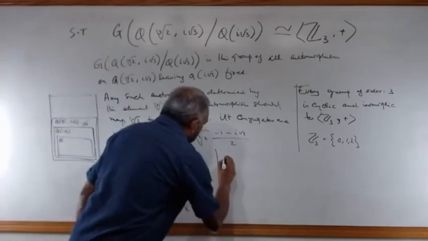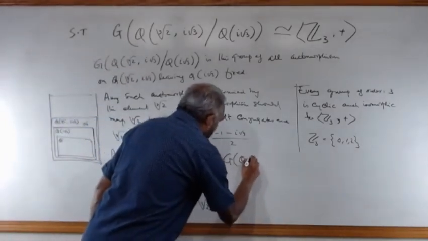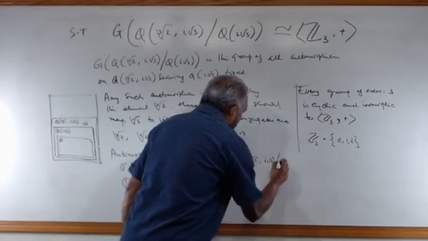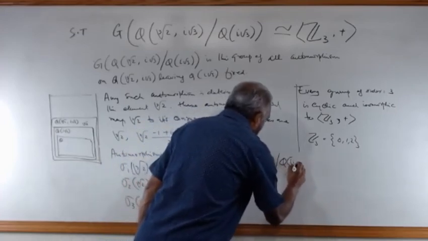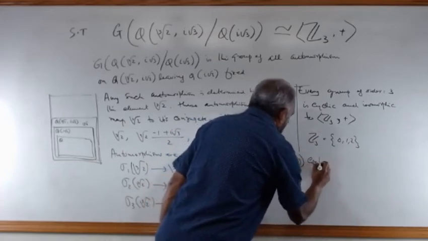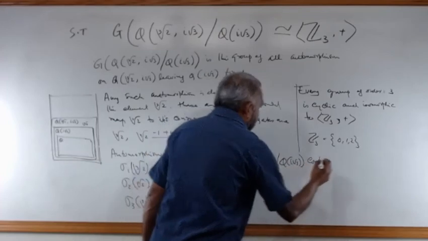So G(Q(cube root of 2, i root 3)/Q(i root 3)) contains 3 elements.